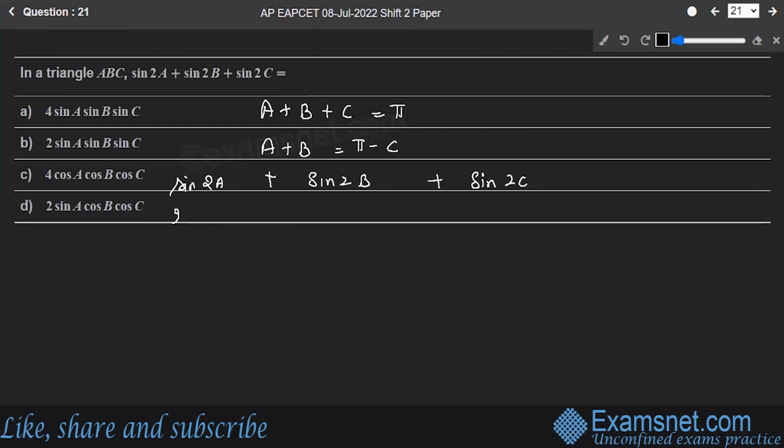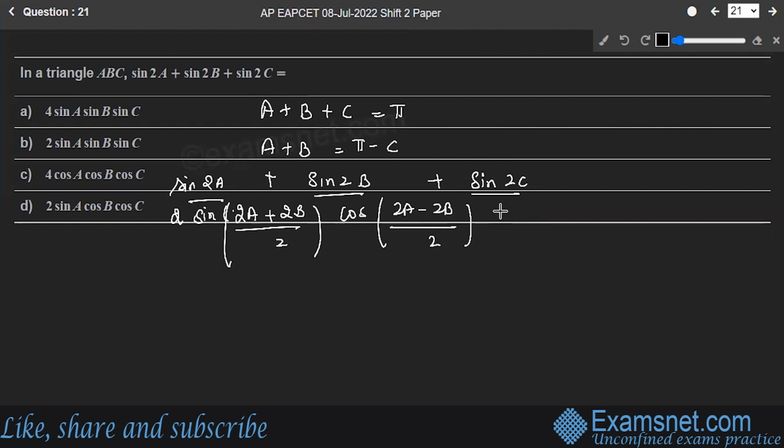So this whole thing, sine 2A plus sine 2B plus sine 2C, can be written as 2 sine of (2A plus 2B) upon 2, cos of (2A minus 2B) upon 2, plus sine 2C can be opened as 2 sine C cos C.